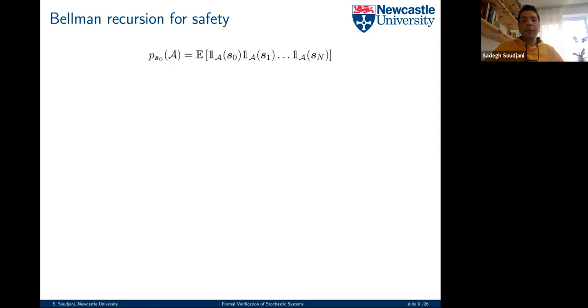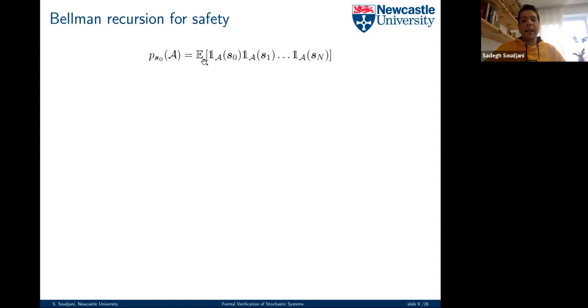If we want to keep the trajectory, the path of the system, to be safe, we have to check whether all of the states are inside the safe set. So we take these indicator functions and we take the product of them. If the product is equal to 1, it means all of the states have been inside the safe set. If it's 0, it means at least one of them is going outside of the safe set.